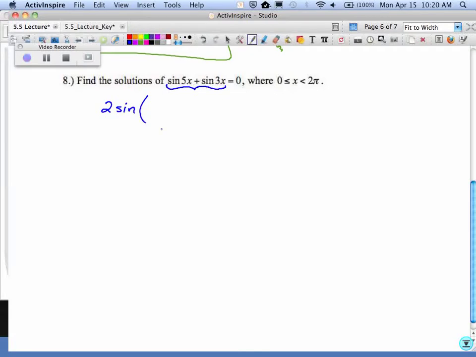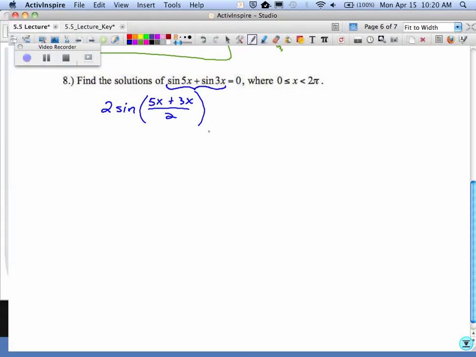Now it's x plus y divided by 2. So you're going to do the first thing, which is 5x, plus the second thing, which is a 3x, and we divide by 2. Then what? Cosine.